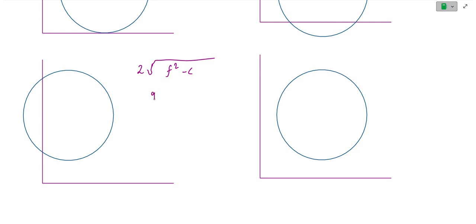Neither intersecting nor touching the x-axis means g square minus c value is less than 0. In the last case, the circle is neither intersecting nor touching both the axes. So the f square minus c value is less than 0, and g square minus c value is also less than 0.